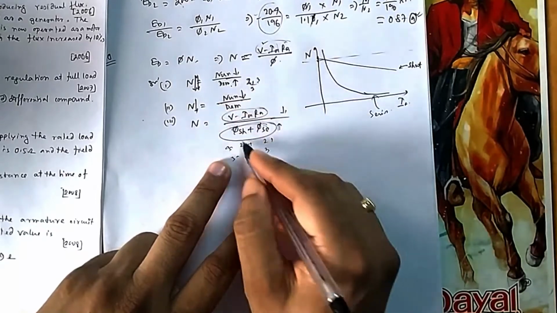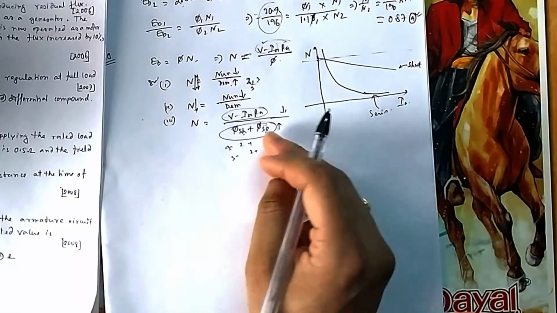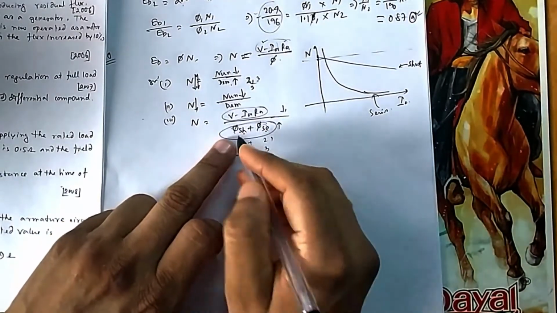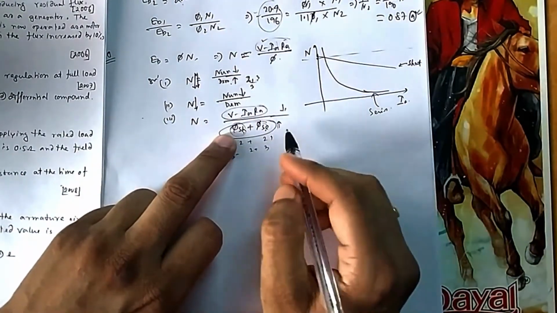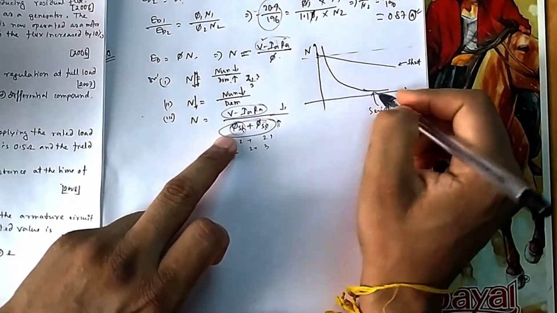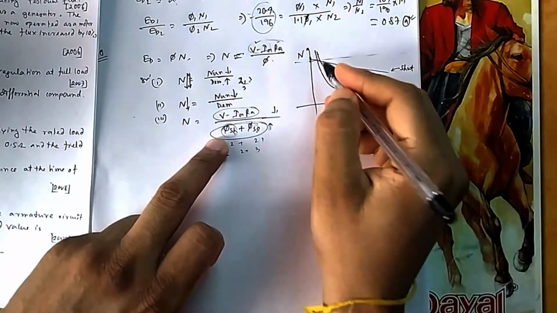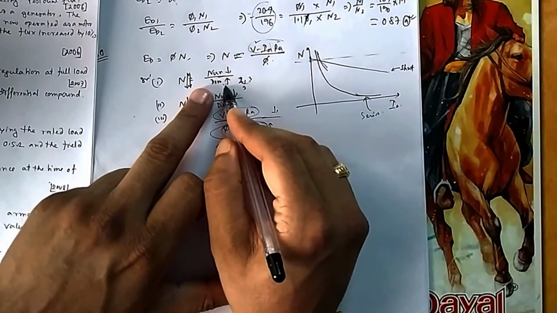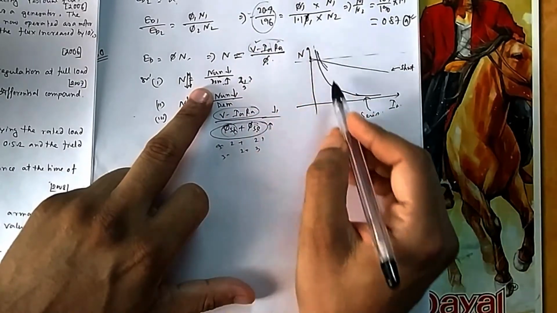So here the increase is more, and here the increase is a little less, because the change is mixed with another element. Directly it is not increased; it is mixed with a fixed value, because this is the shunt part, which will not change with Ia. So this change will be a little less, but again it is double sorted, like your series, but not as extreme as series. In series, if you put Ia equal to 0, then the denominator will be 0, and something divided by 0 is why it was going to infinity.